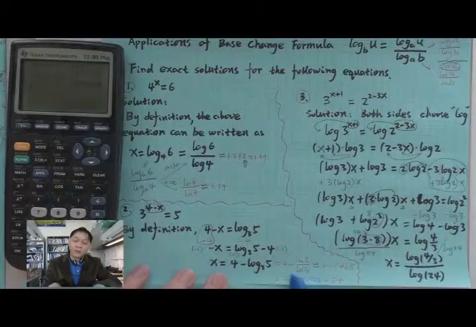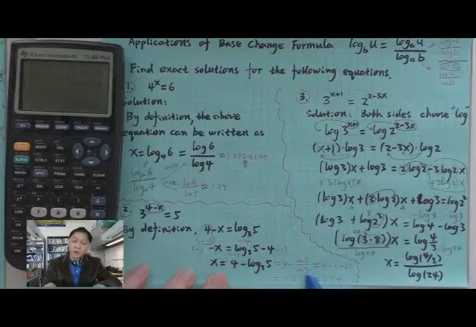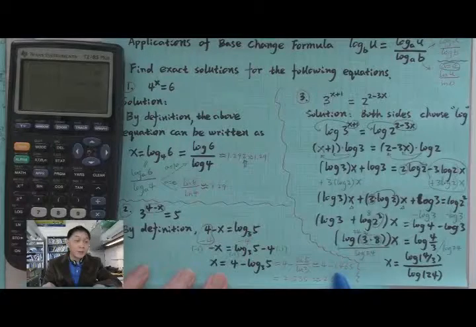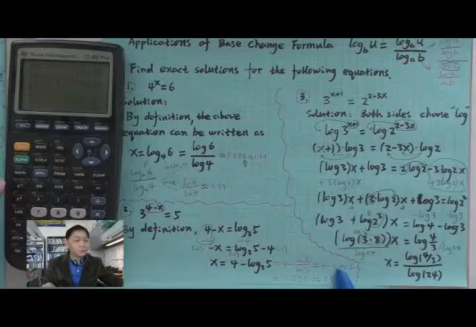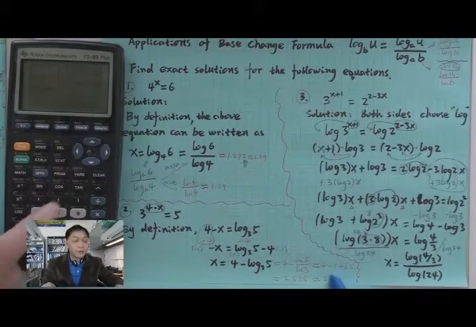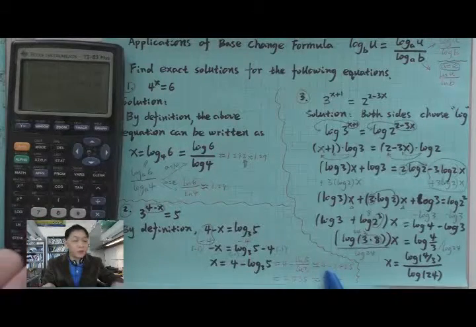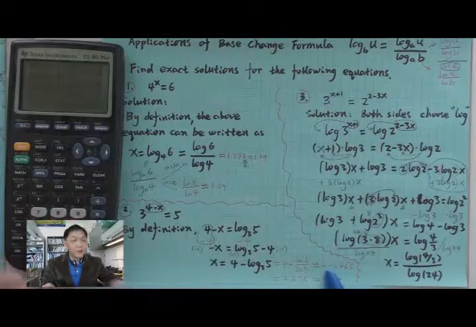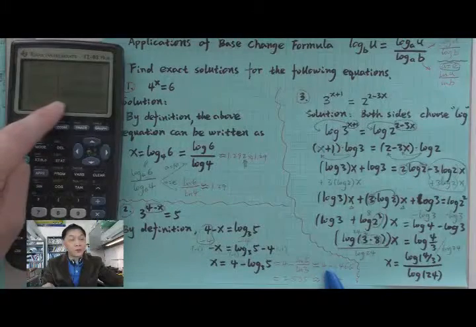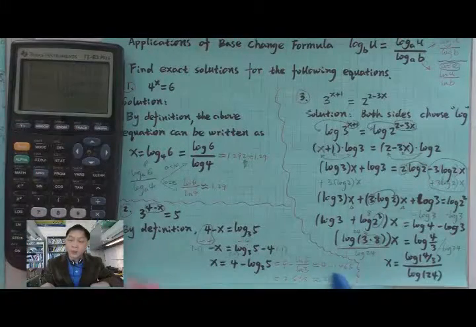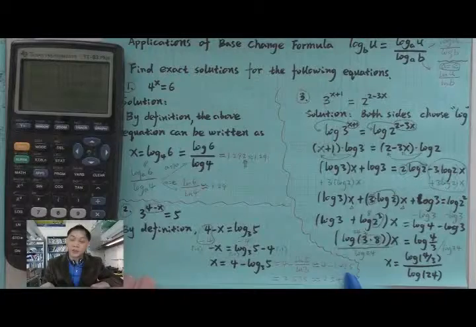The 4 we keep. 4 minus natural log 5 over natural log 3 approximately is this number. You see, natural log 5 divided by natural log 3. You hit enter. 1.4649.